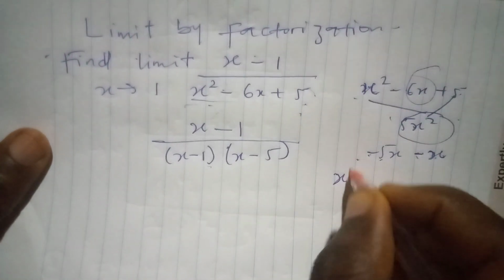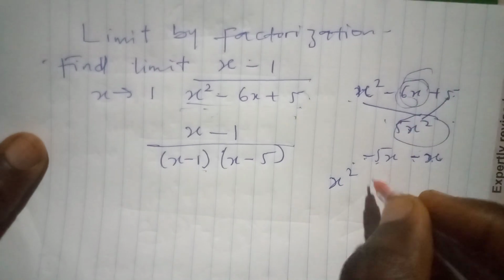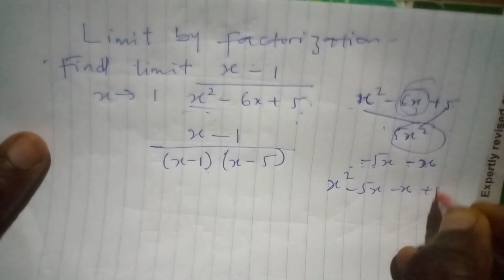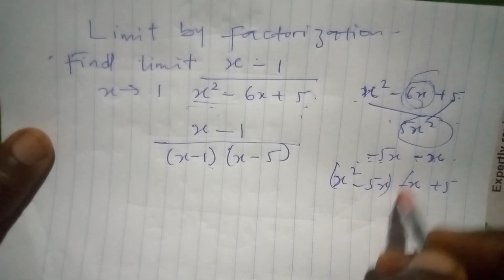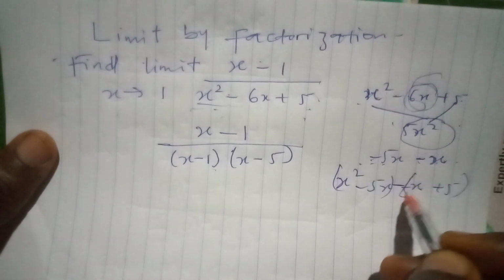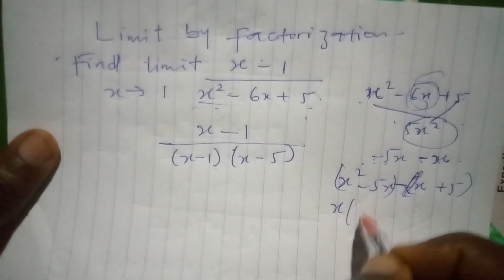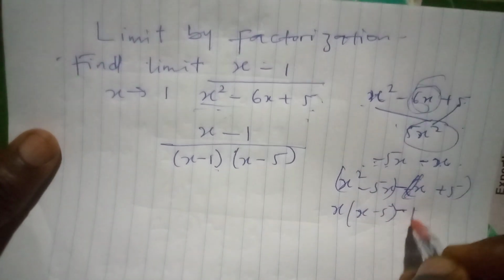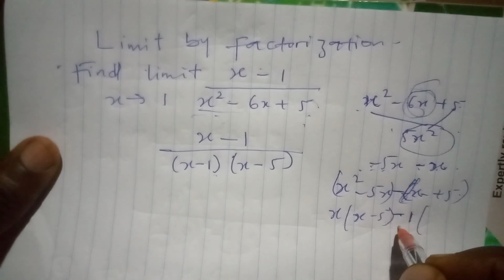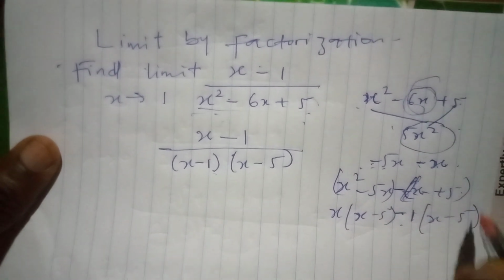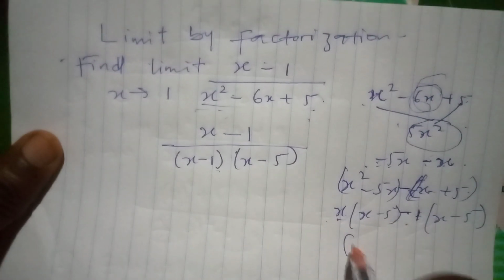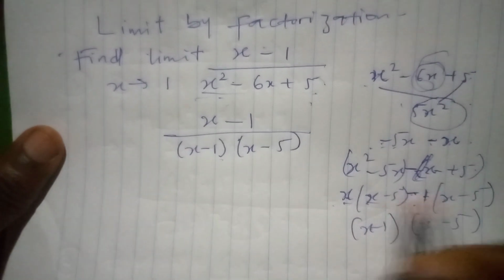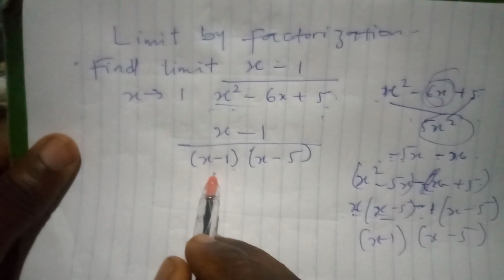So we have x squared, minus 5x, minus x, plus 5. If you group them, x is common: x times x minus 5, minus 1 times x minus 5, because nothing is common, you put 1 here. When you put this together, you have x minus 1 and x minus 5, so you pick one out of the two. That is what I have here.